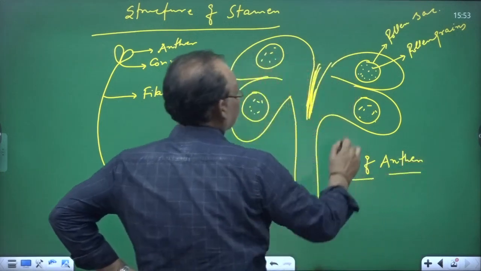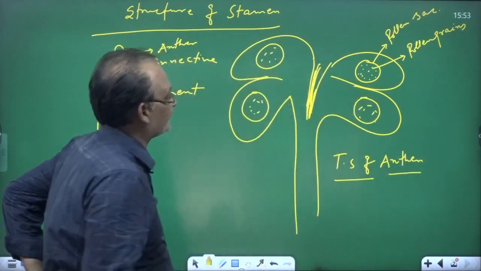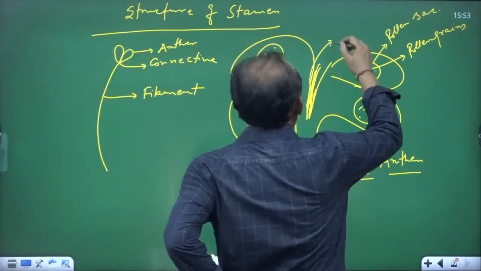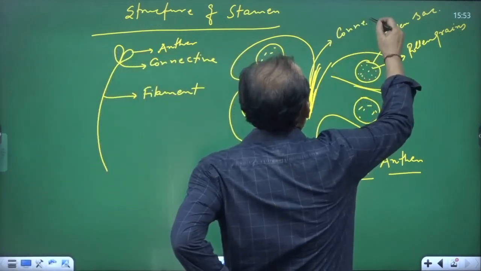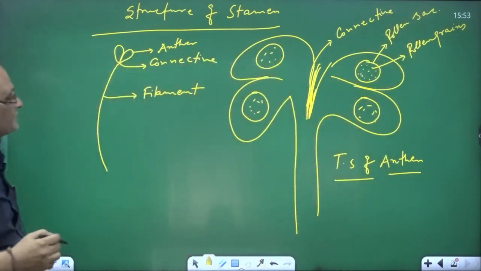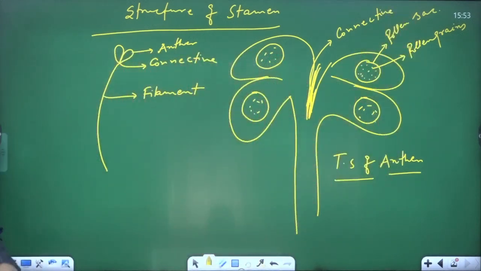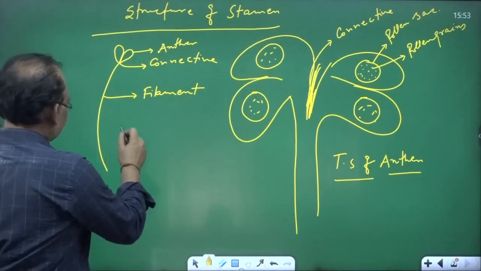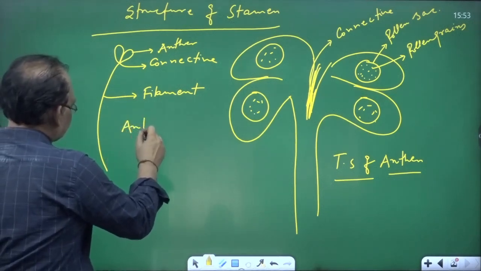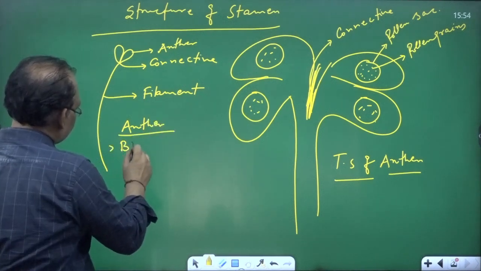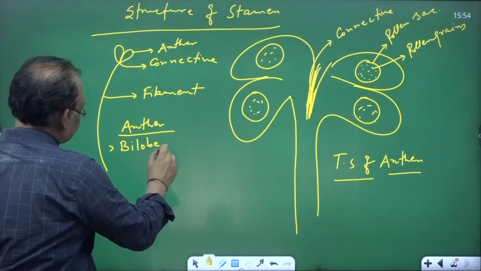You will find pollen sacs in which pollen grains are present, and there is a structure called the connective, right? There are 4 pollen sacs, so the anther is actually a bilobed structure. Write down about the anther. Anther is a bilobed structure.